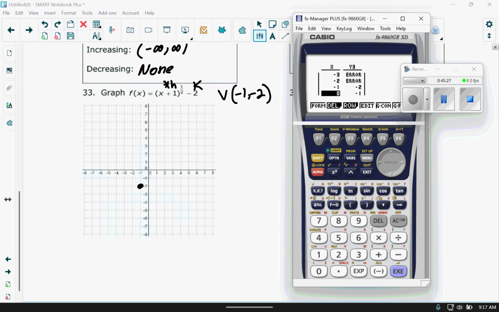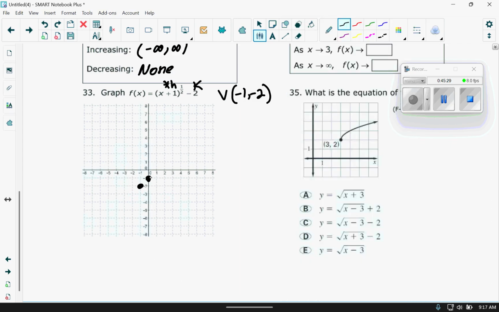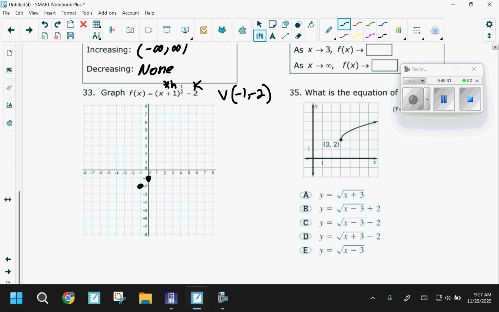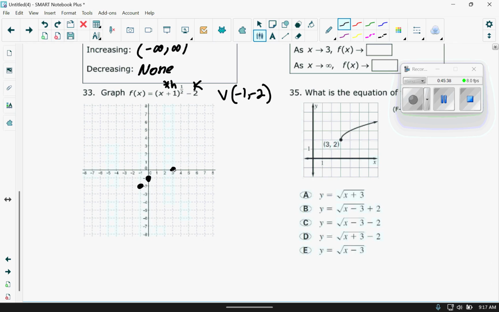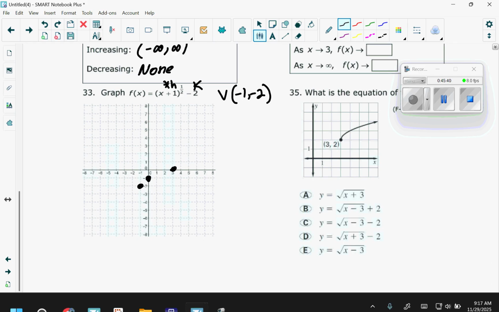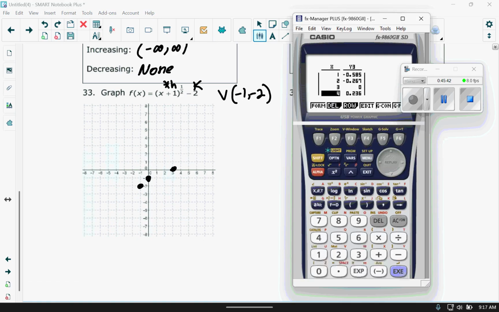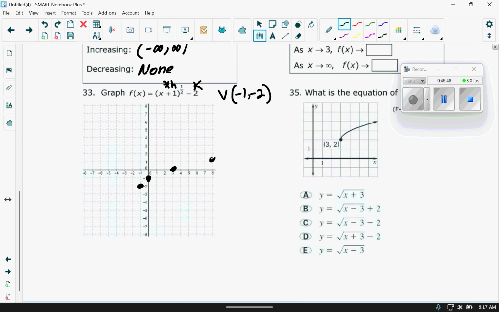So 0, -1 is the next one, and we have a point at 3, 0. If I keep scrolling on the calculator, there's another point at 8, 1, which is the last one that's going to fit. So this one starts at this bottom point and goes up into the right, curved.